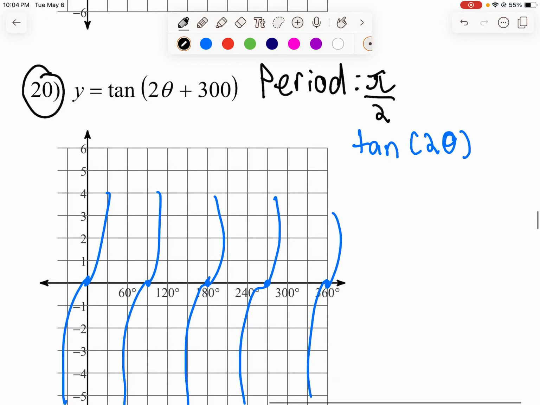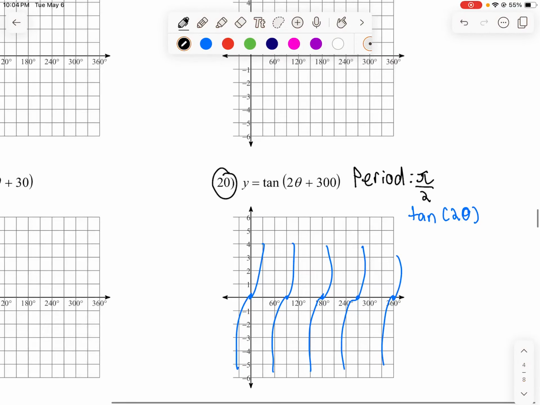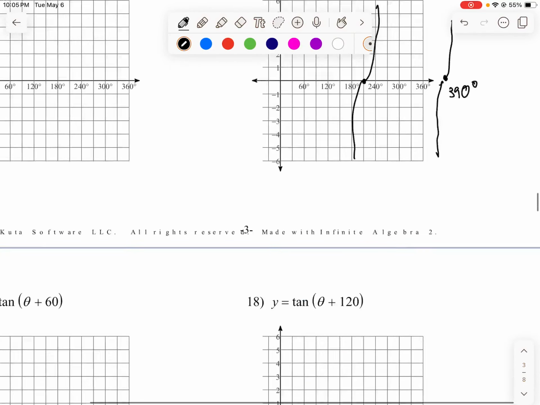What we need to do is move it over 300 degrees. So, once again, it's going to look pretty darn similar to the one we did last time.